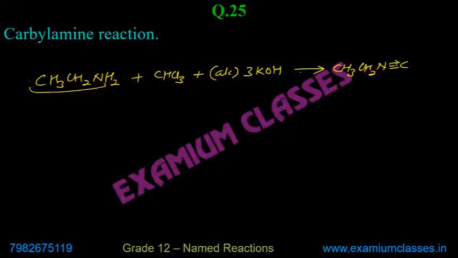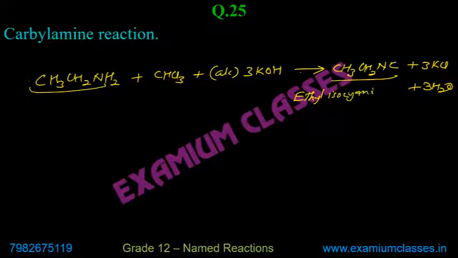Remember, one is a coordinate bond. Nitrogen has total 5 valence electrons, so 2 it actually donates. You can write just NC, isocyanide, plus 3KCl and 3H2O. So this is ethyl isocyanide.